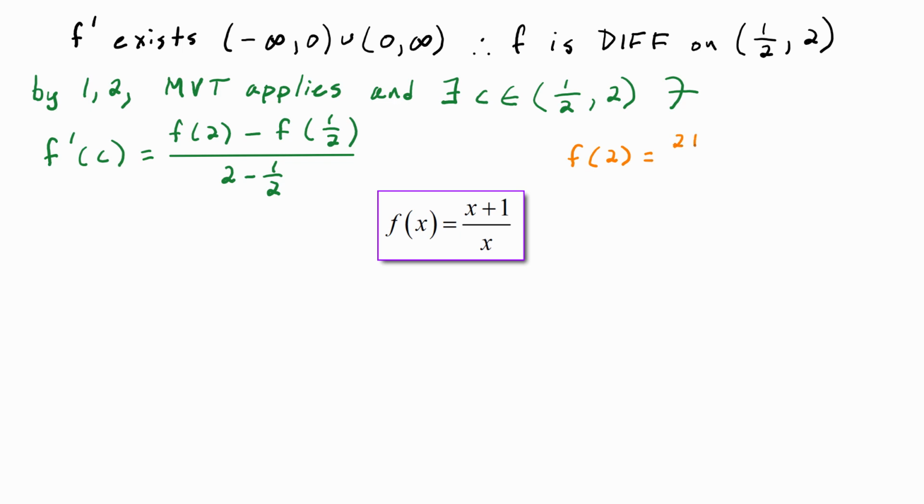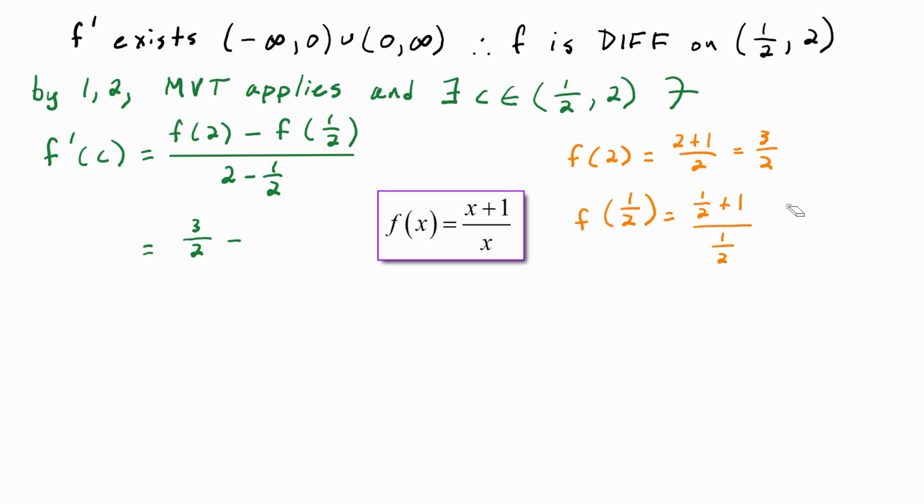So that would be 2 plus 1 over 2, which is 3/2. So we can put that here. Minus f of 1/2. So that's going to be 1/2 plus 1 over 1/2.